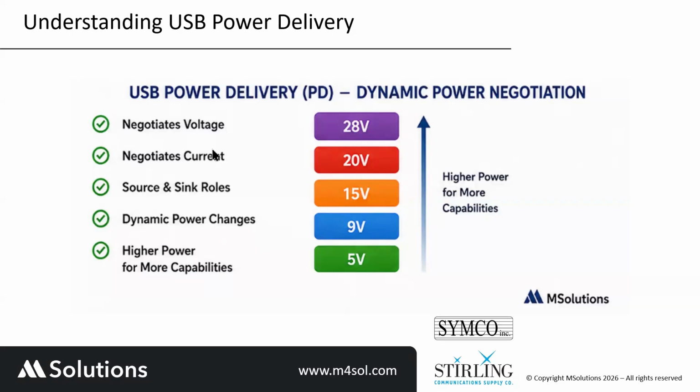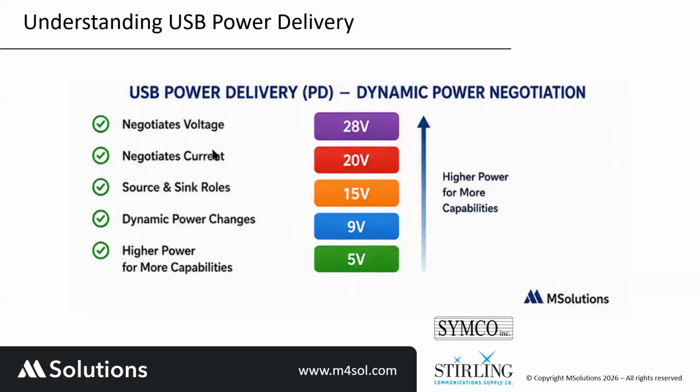And this is very important to understand, because USB 2, and USB in general, does not support that. Power is no longer fixed. It is intelligently negotiated between the connected devices.